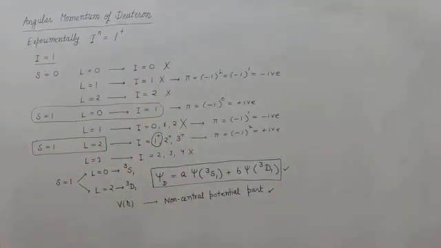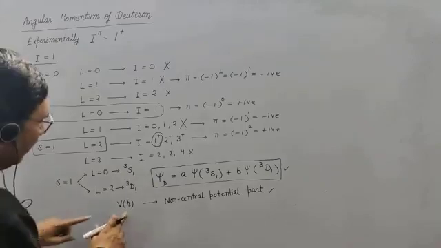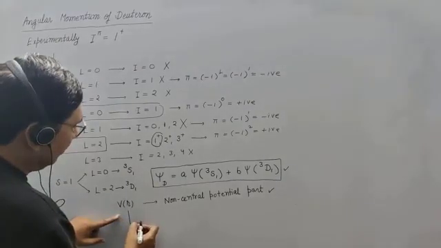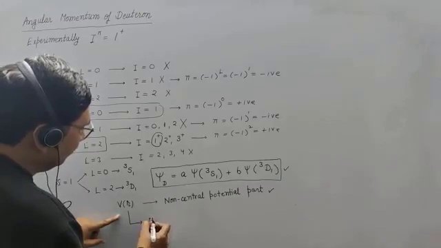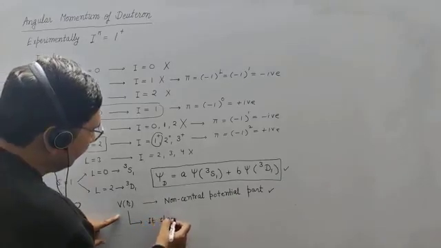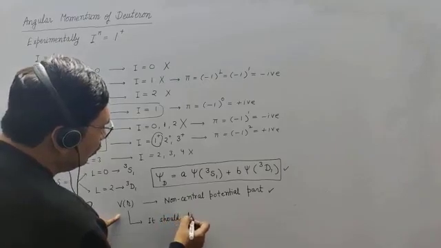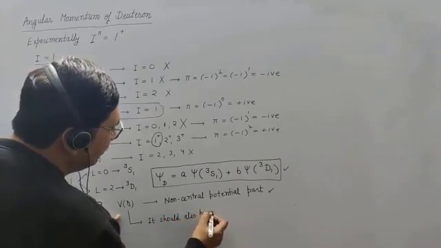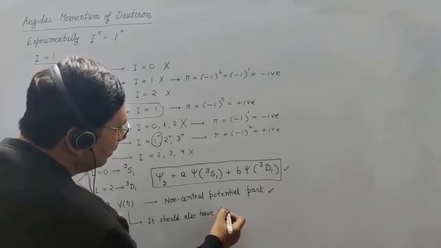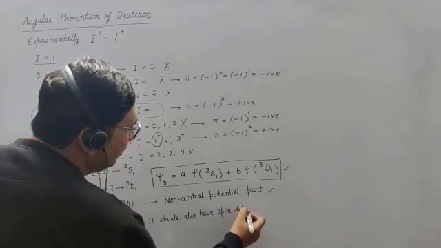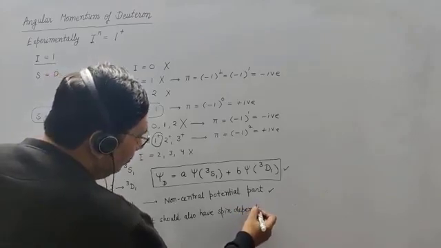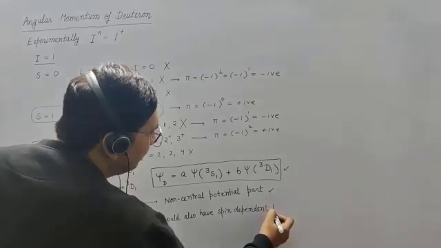Next important thing is, if this nuclear force or nuclear interaction is dependent on spin, then the potential V(r) should also have a spin dependent part. Now we have to find out that spin dependent part.